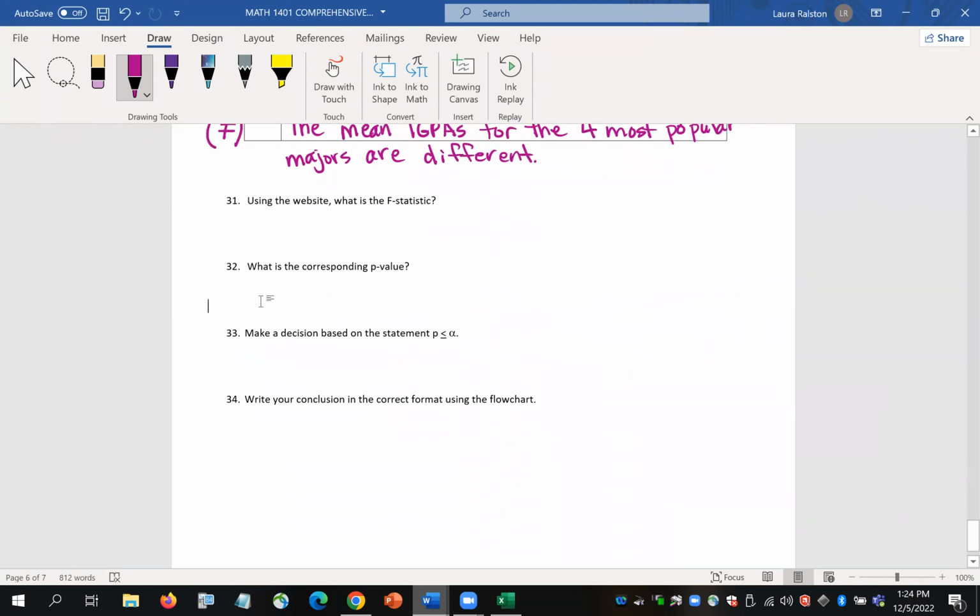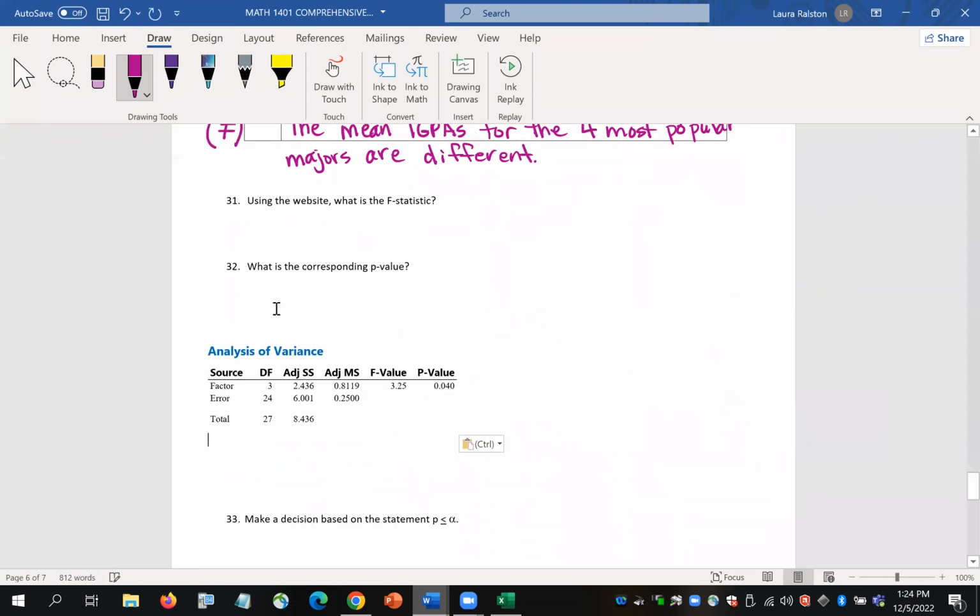Okay. And so I get my results from Minitab, and on those results, it gives me my F test statistic and my p-value. So F is 3.25. The p-value is 0.040.